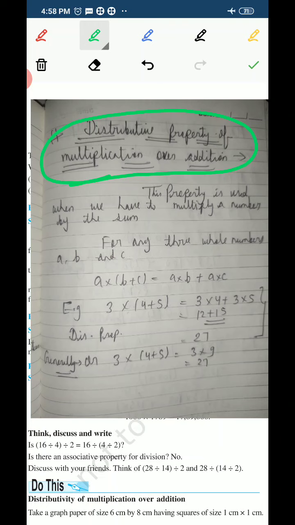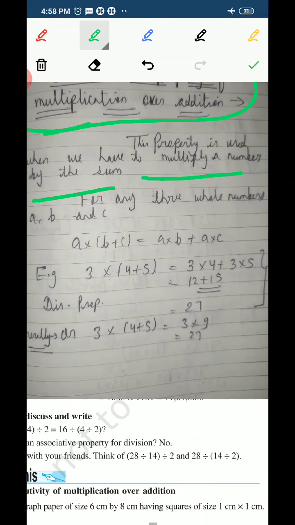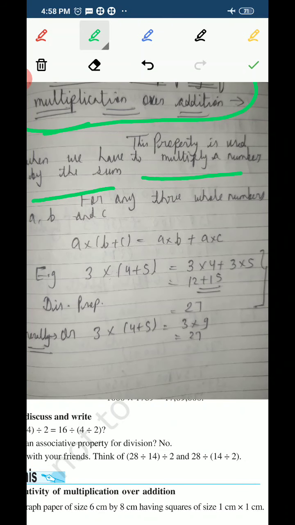This property is used when we have to multiply a number by a sum, by an addition. You will not be able to understand this if you try to learn a definition, but with the help of an example you can learn it in a very easy and quick way. First we will see an example, and then we will learn what the definition of distributive property of multiplication over addition is.